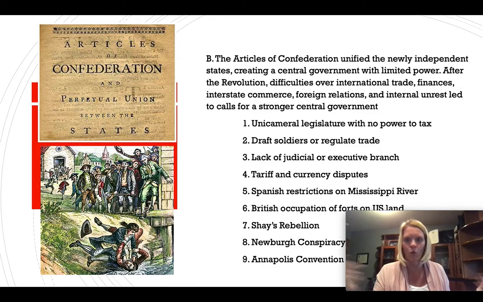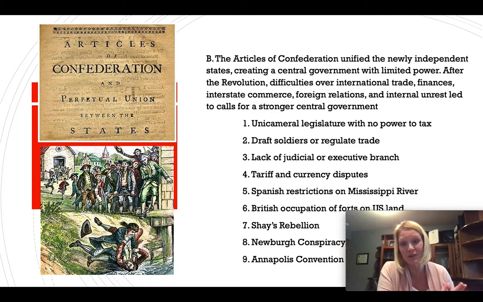Massachusetts is like, well, we're not paying you because you didn't do all of your fighting in our state, and New York is like, well, we're not paying you either, so it was a mess. Shays' Rebellion made us realize we didn't have a strong enough central government, and this could continue to happen if we don't figure this out.